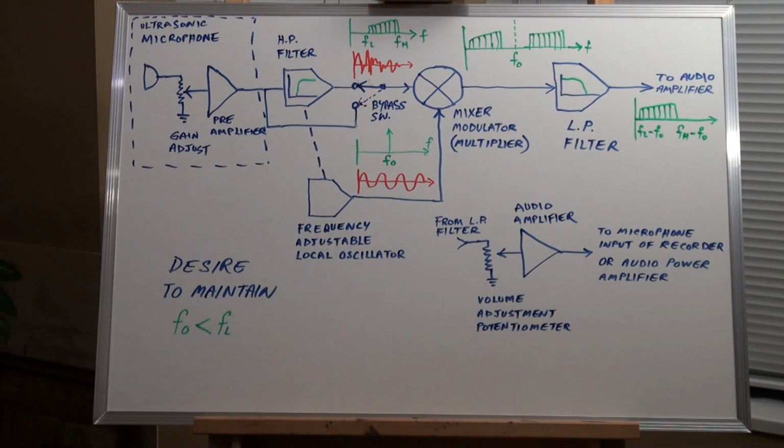So the idea for this high pass filter is that ultimately, nice to have, it should track the frequency of the local oscillator as well. Because our whole goal is to maintain the local oscillator frequency less than the lowest frequency in the output spectrum.